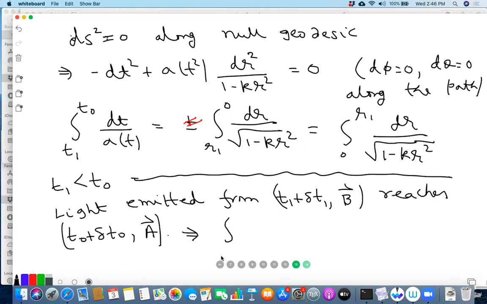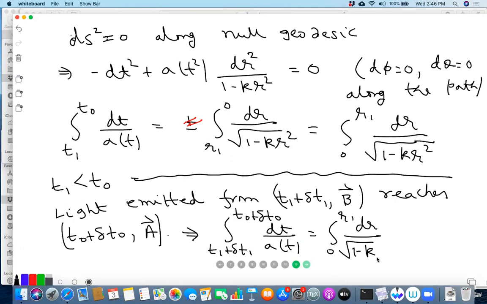So we'll get the integral from t1 plus delta t1 to t0 plus delta t0 of dt over a of t is the integral from 0 to r1 of dr over square root of 1 minus k r square. And now let's take the difference between this equation and this equation. The right hand side cancels. So the right hand side is 0.